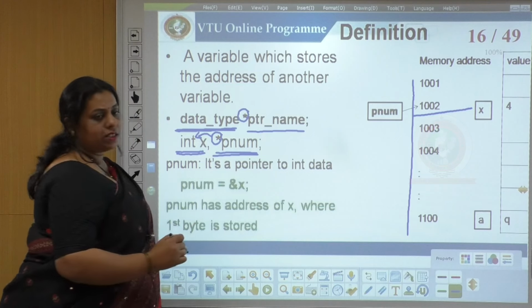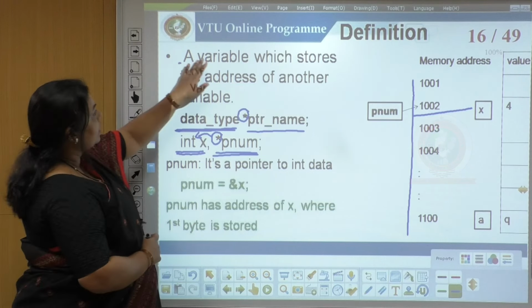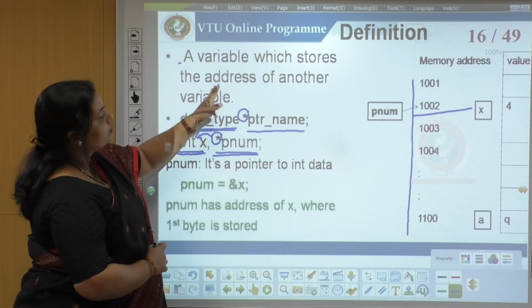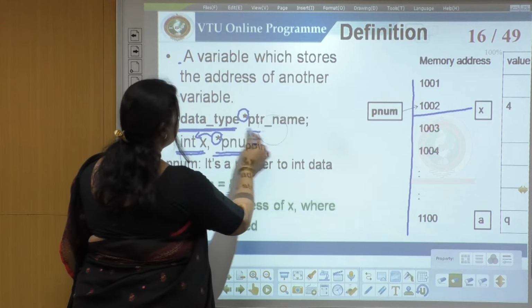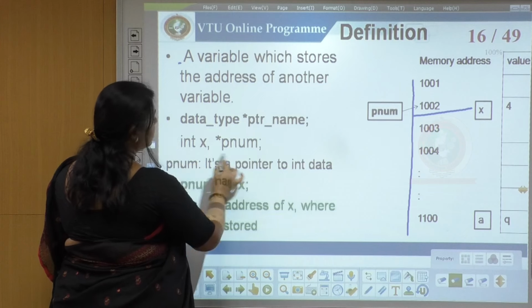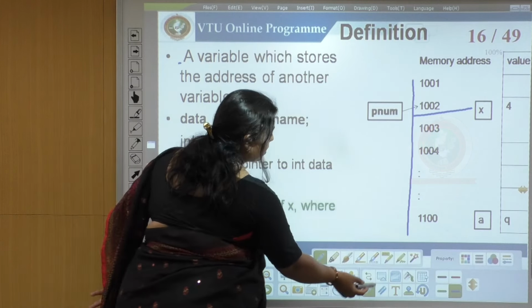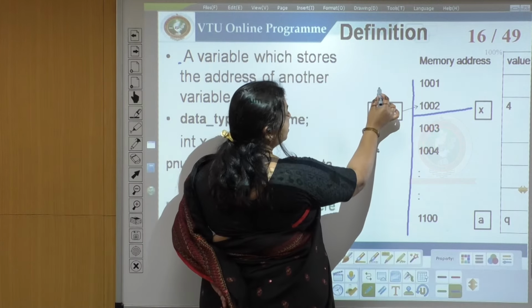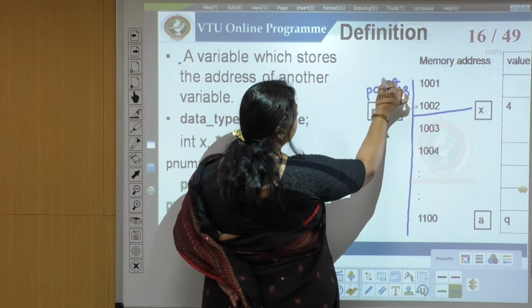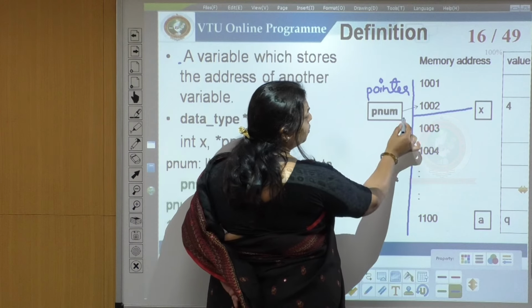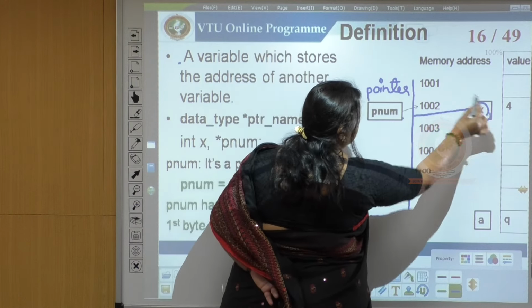So what is required now? As I said, a variable which stores the address of another variable. What is the other variable for me now? The other variable is x. Now my variable pnum, which is a pointer, has to hold the address of x.